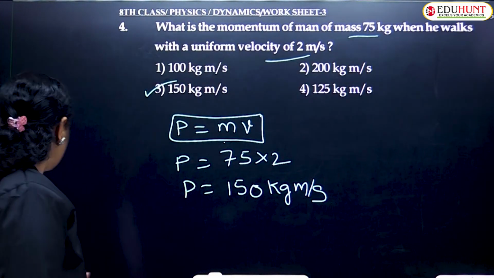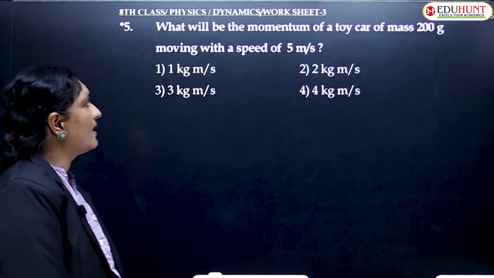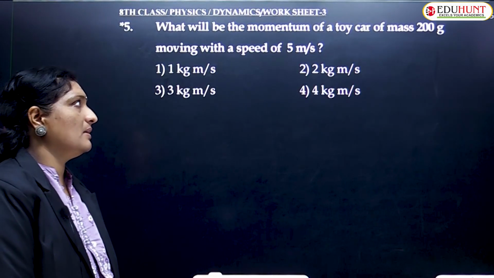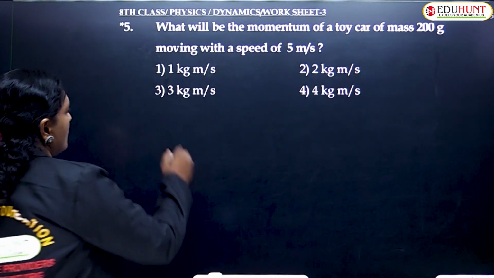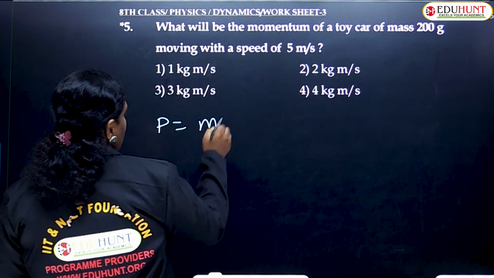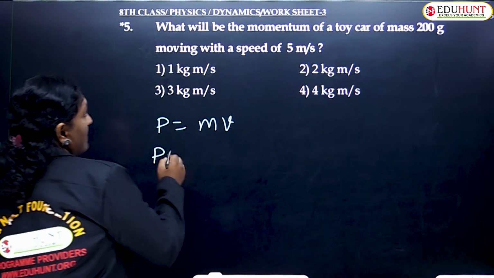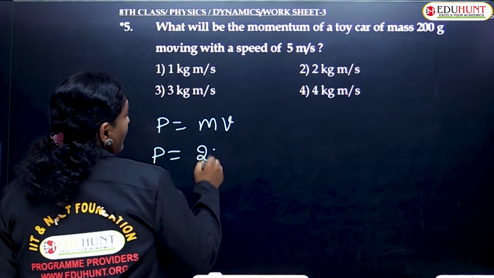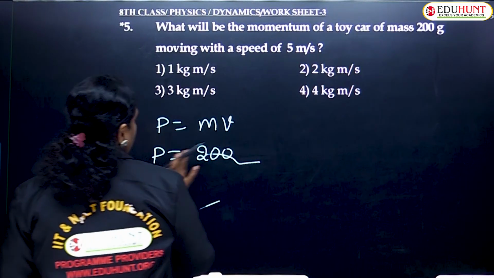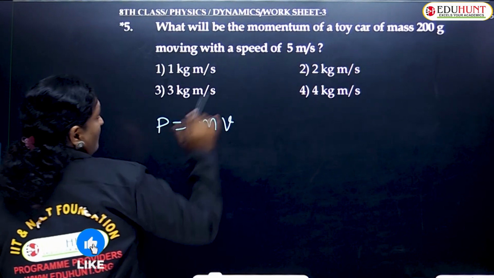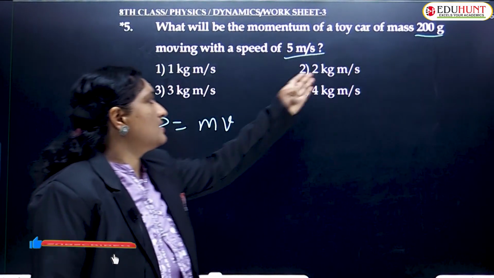Okay, next. What will be the momentum of a toy car of mass 200 grams moving with a speed of 5 meter per second? Again, mass is given and speed is also given. So momentum is nothing but the product of mass and velocity, or mass and speed. The same direction is considered. So how much mass was given, children? 200 grams. Let me write it out, because the units are different: here it is given in the CGS system, and the options are given in the SI system.